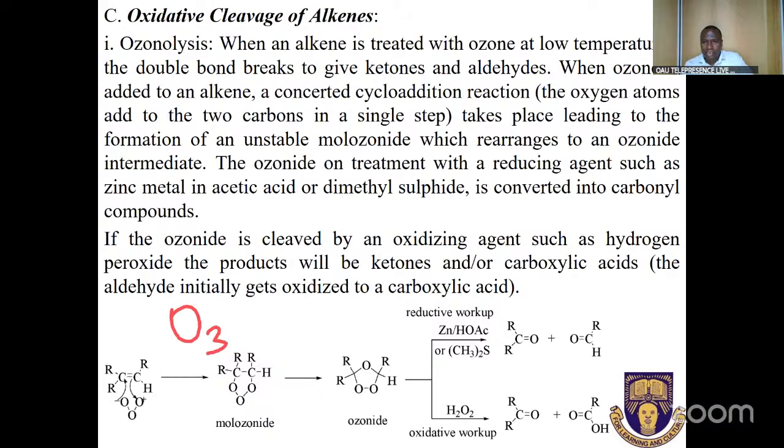When an alkene is treated with ozone, which is simply O3, at low temperatures, the double bond breaks to give ketones and aldehydes, and in some cases, it could also give an acid.